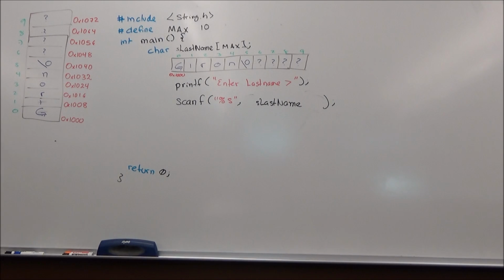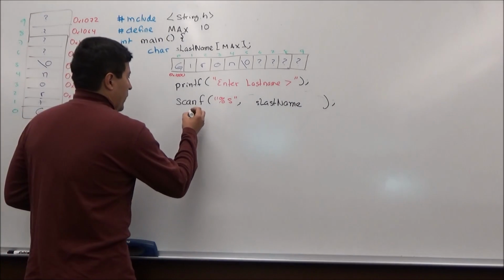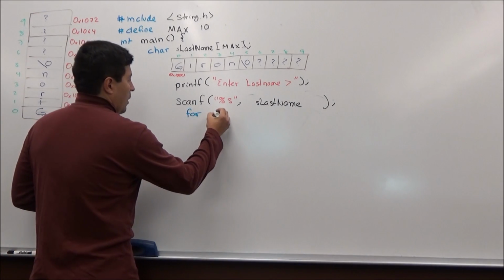So if I want to print this out, the way we did it before, we used a for loop, right?